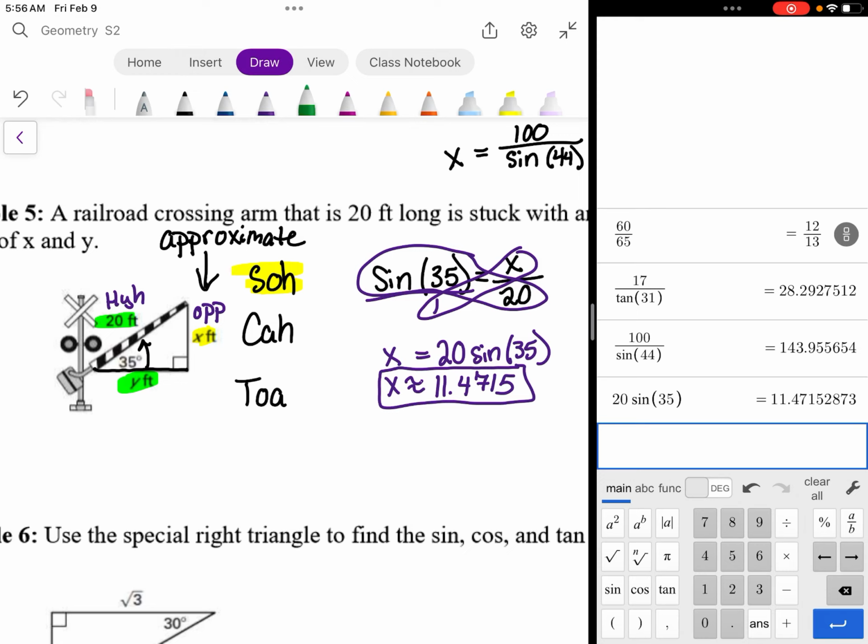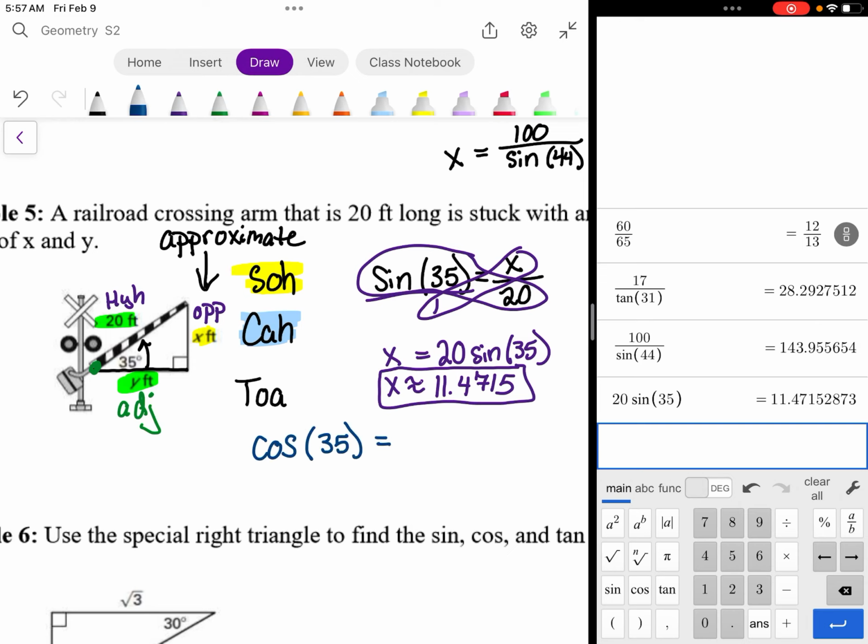And with this one, solving for y, we have our adjacent and then our hypotenuse, which means we are going to use cosine to find our missing value. And if we set that up of cosine of 35, that is going to be equal to y over 20.